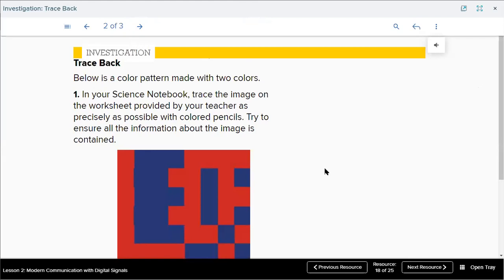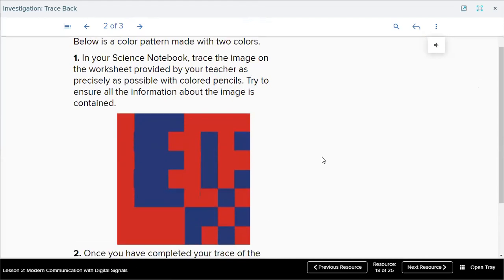Yahya, can you read, please? Below is a color pattern made with 2 colors. In your science notebook, trace the image on the worksheet provided by your teacher as precisely as possible with colored pencils. Try to ensure all the information about the image is contained.